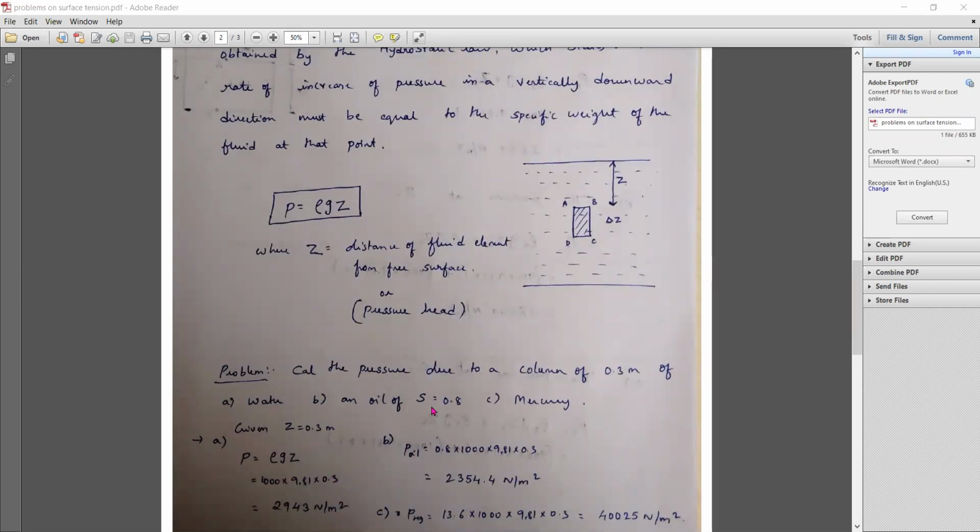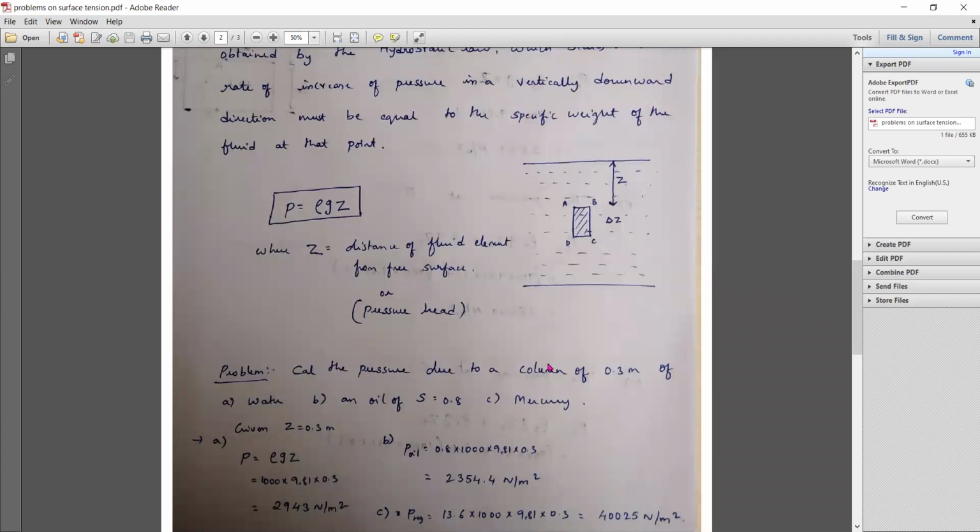Similarly, next find for oil, whose specific gravity is given. Because we don't know the density of oil directly, we are given the specific gravity instead of density. So how to find density if we have specific gravity? Specific gravity is the ratio of the density of this fluid, here oil, to the density of the standard fluid.